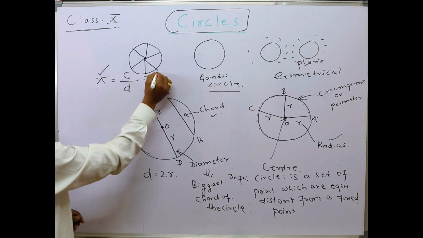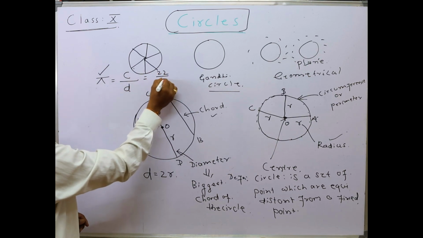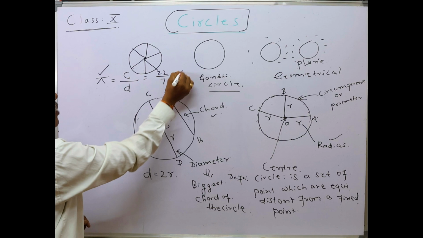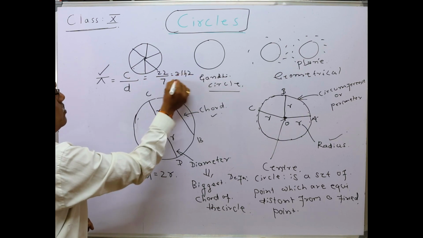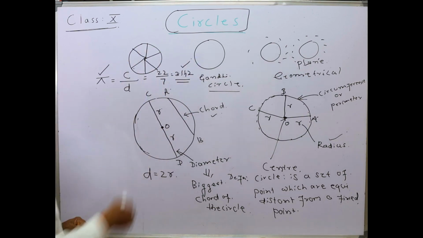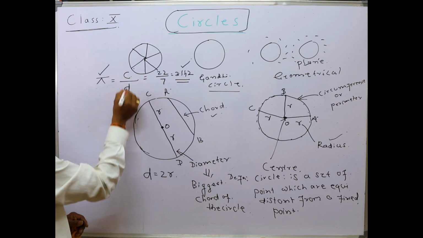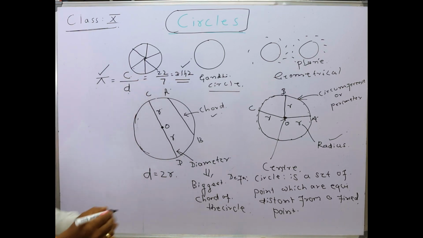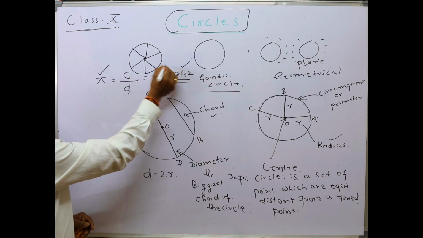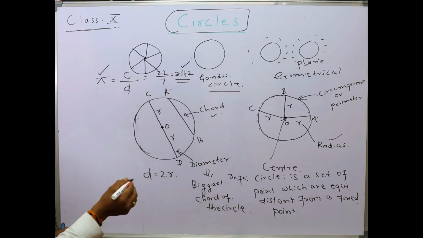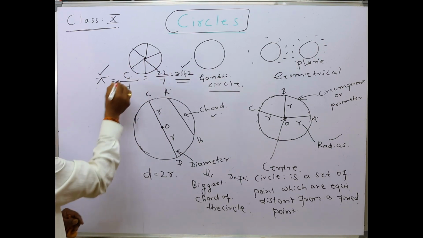Its value, which you are using every now and then, is 22/7, or 3.142, used as a constant in calculations. Pi is defined as the ratio of the circumference to the diameter of a circle, any circle. This ratio will be constant. This constant is taken as pi.